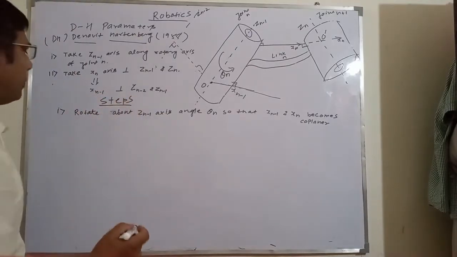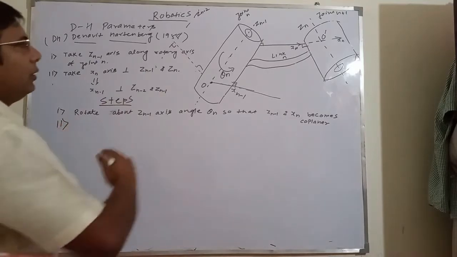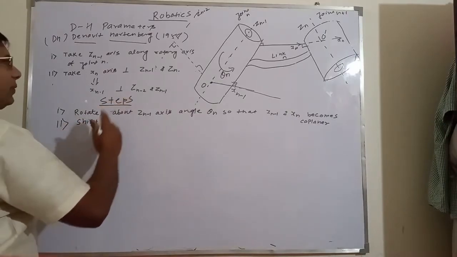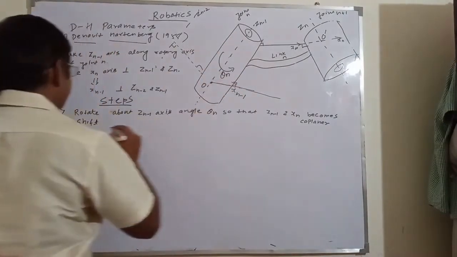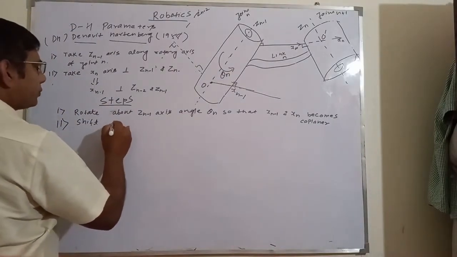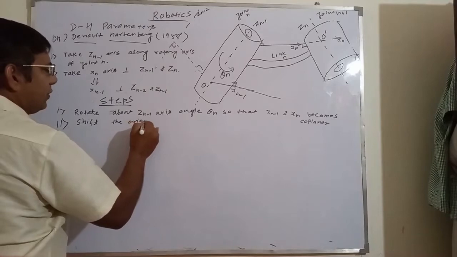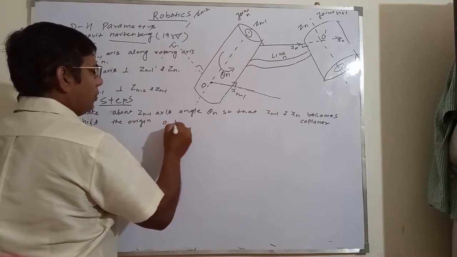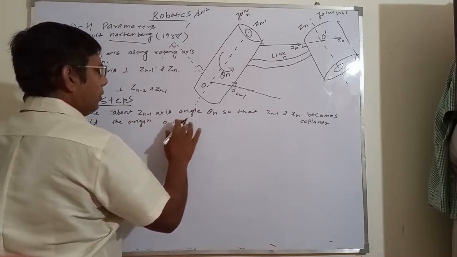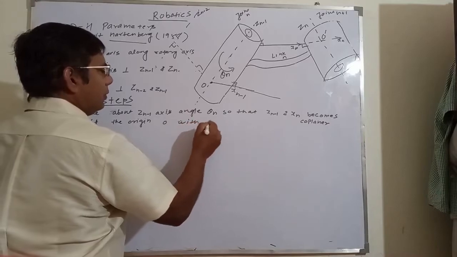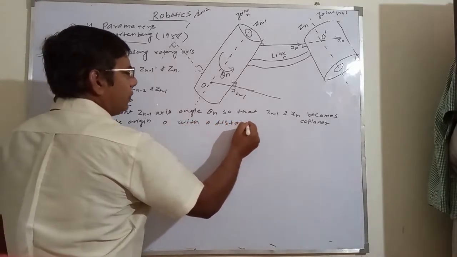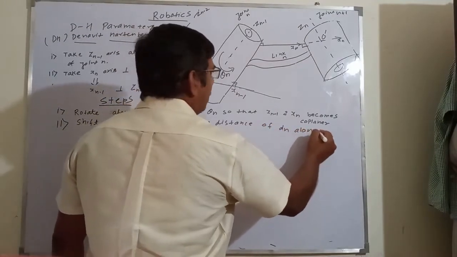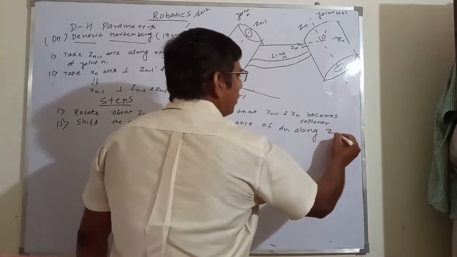The second step says: shift or slide the origin O to O dash with a distance of dn along z minus 1.